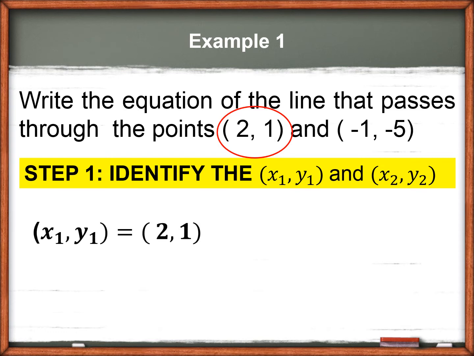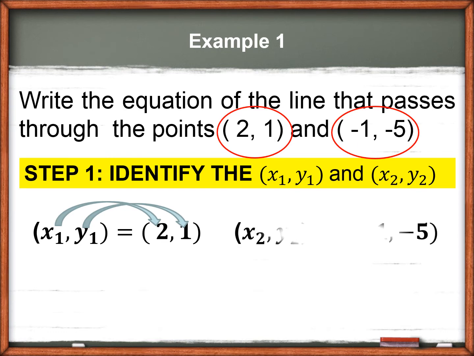Again, our x sub 1 is 2, our y sub 1 is 1. We will label negative 1, negative 5 as our second point for x sub 2, y sub 2. Again, our x sub 2 is negative 1, our y sub 2 is equal to negative 5.